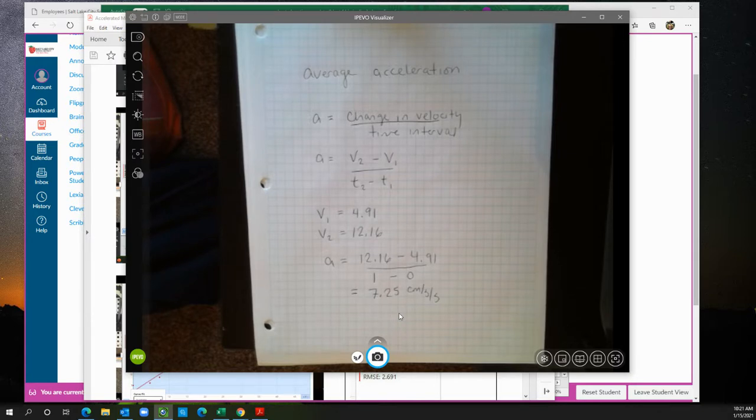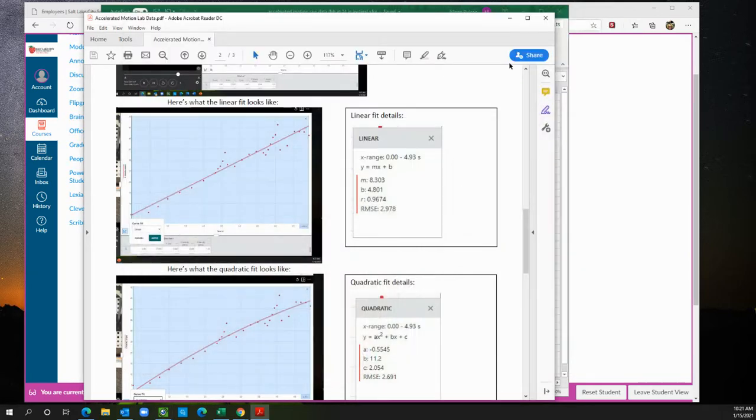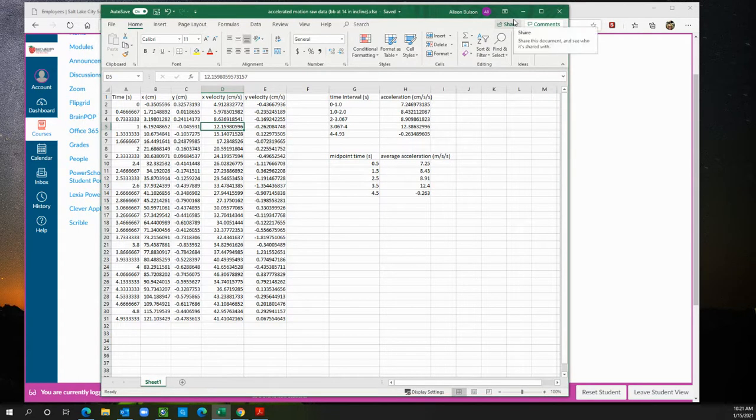It's a little lower, but it's not totally out of the ballpark. So this is the idea. I can pick 2 times from my data table, and for those 2 times, find the corresponding 2 velocities, and calculate average acceleration.